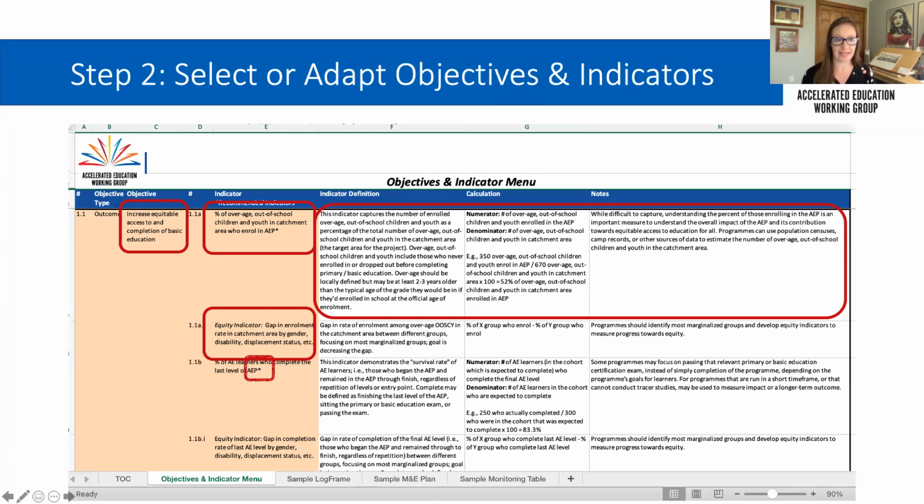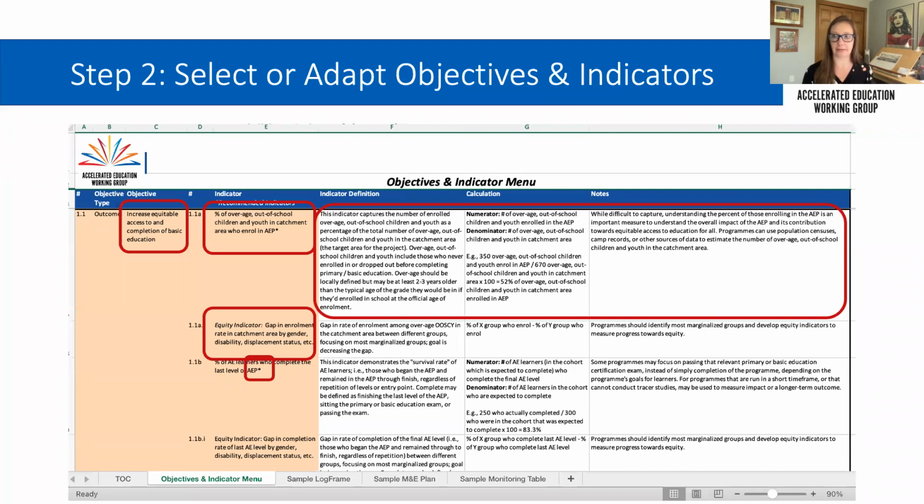And then finally, we provide approximately 10 recommended indicators, which are denoted here with an asterisk, which we really encourage all AEPs to collect data against. They're some of the most basic figures for measuring progress in AEPs. They're not going to surprise you. They're around enrollment, completion, transition, certification, learning outcomes.